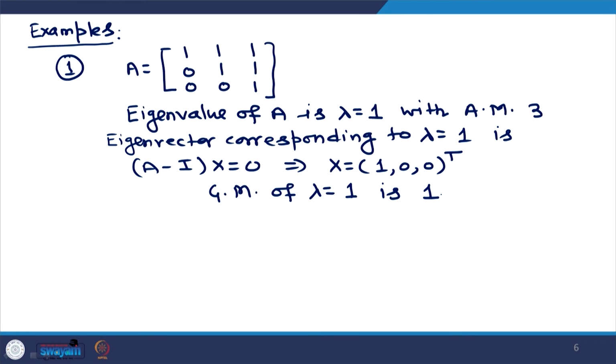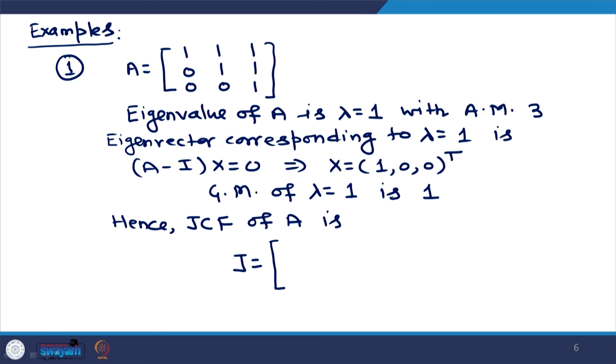So, we have to go for Jordan canonical transformation, but before that, how do we write the Jordan canonical form of A? Geometric multiplicity gives you the number of Jordan blocks.